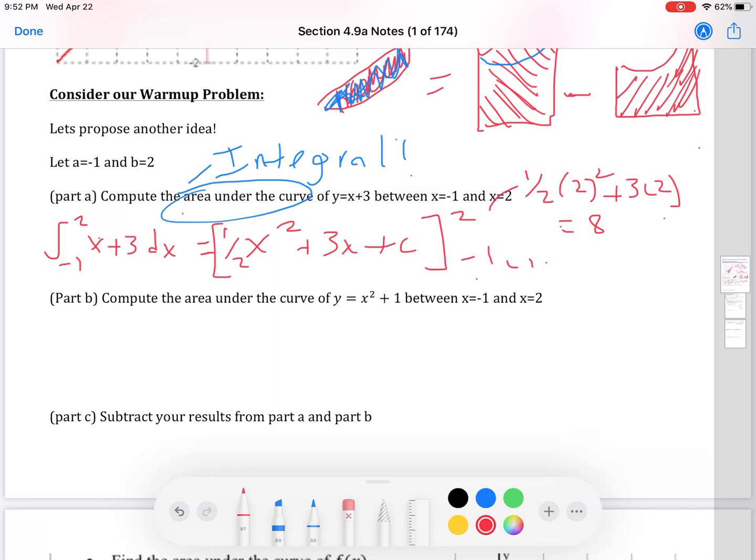Then for -1 we get one half times -1 squared plus 3 times -1, which is one half times -3, that's -2.5. So we do 8 minus -2.5, which gets us to 10.5.